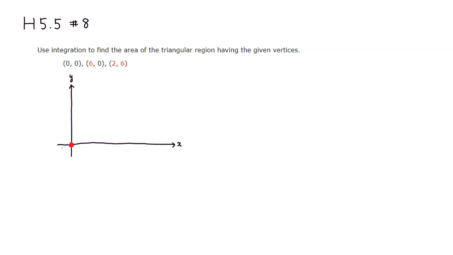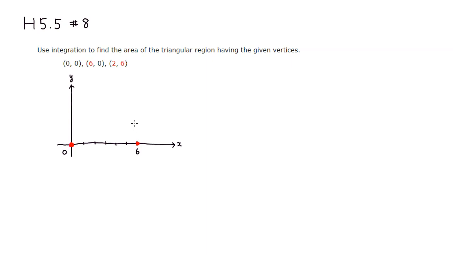So that's the origin. The second point is (6, 0), so it's 6 to the right: 1, 2, 3, 4, 5, 6. And so this is the second point right here.